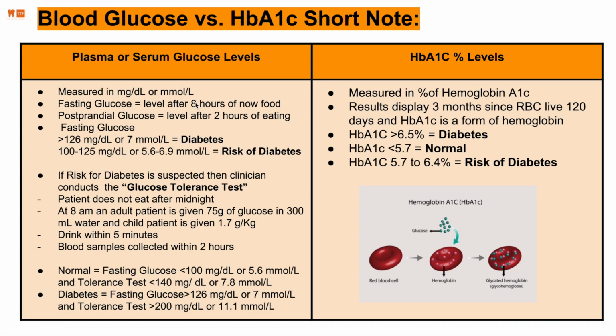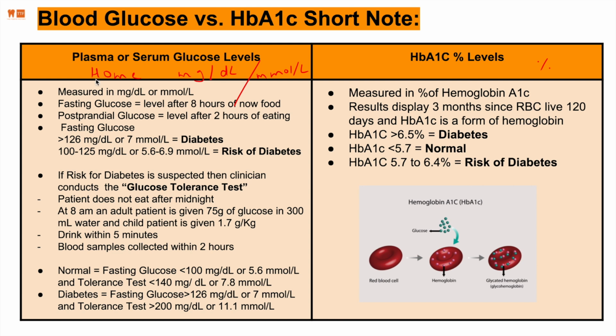Now, a little short note on blood glucose versus the HbA1c level. There are two types that we measure, right? We measure at home. And this is measured in either milligrams per deciliter or millimoles per liter. However, HbA1c is percentage. Okay, let's take a look at it.